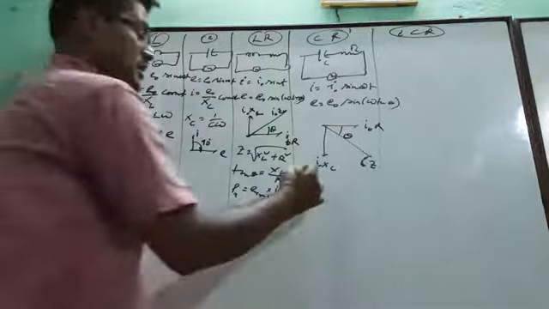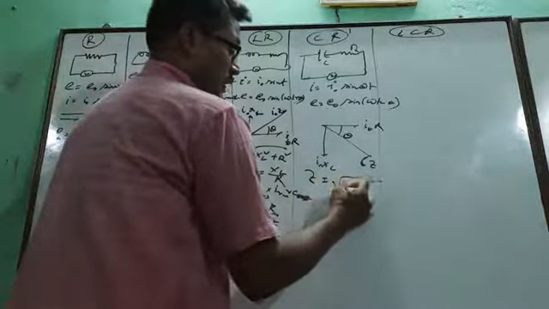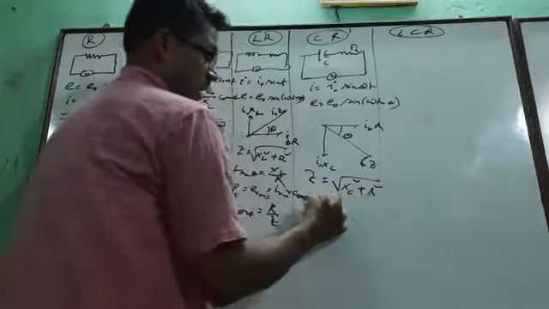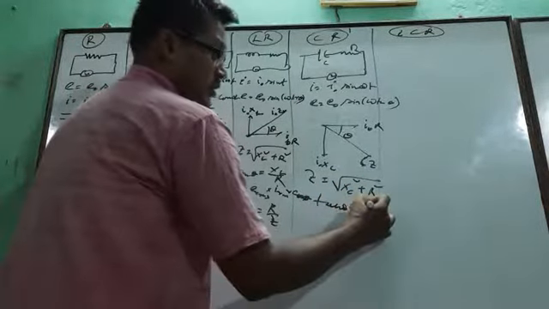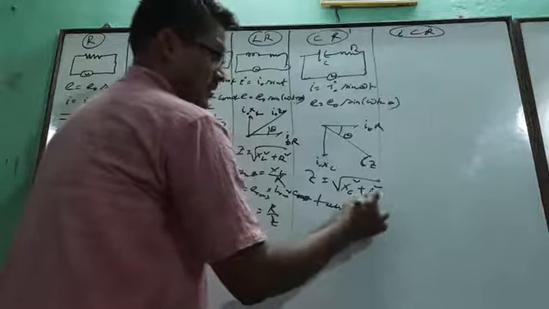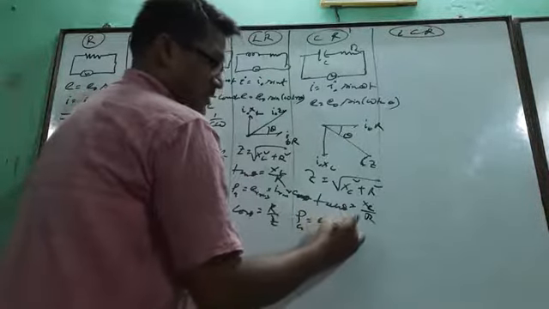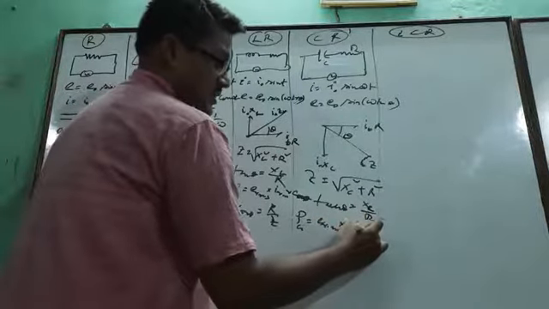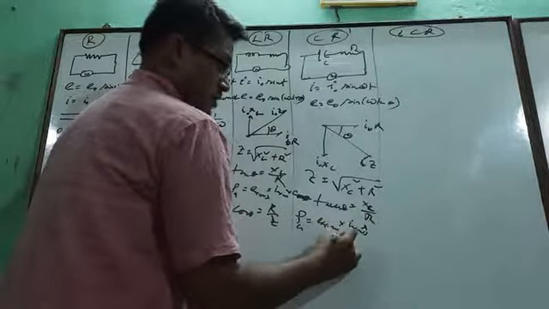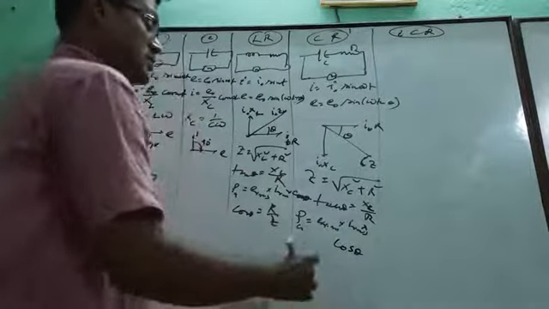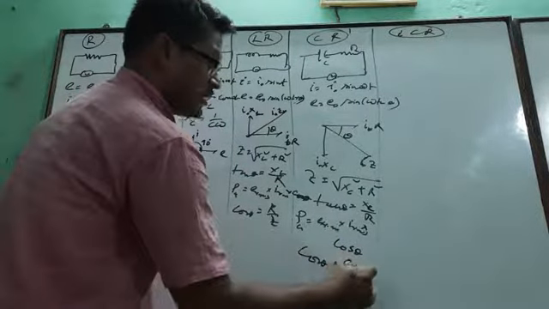And Z is the impedance equal to root over XC square plus R square, and tan theta equal to XC by R. Average power is ERMS, IRMS into cos theta. So cos theta is known as power factor, and cos theta equal to R by Z.